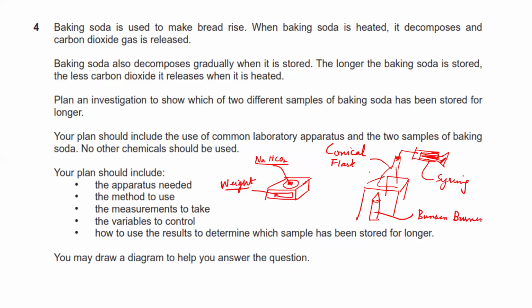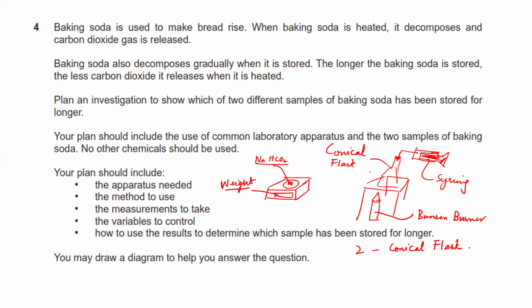This is your Bunsen burner. What you will do is first take two conical flasks and measure them empty, then put an equal weight of baking soda, or sodium bicarbonate, into each and measure again. Record the reading.